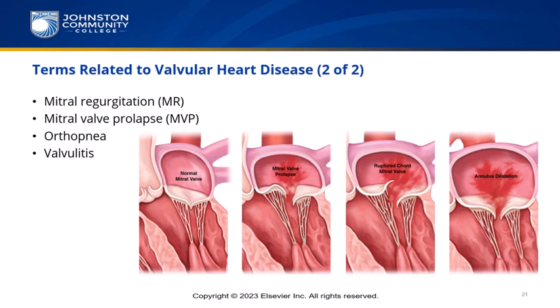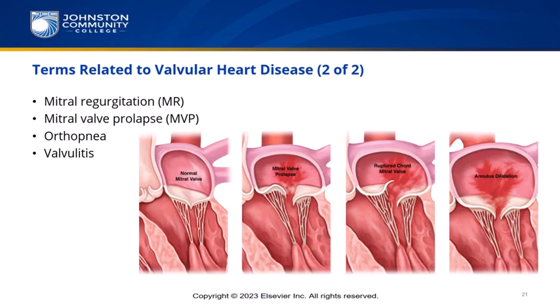Mitral valve prolapse, remember pro is our prefix for forward and lapse is our suffix meaning fall. So this is a protrusion of one or both cusps of the mitral valve back into the left atrium during ventricular systole. Next we have orthopnea. Ortho is our combining form for straight or upright, and again pnea means breathing.